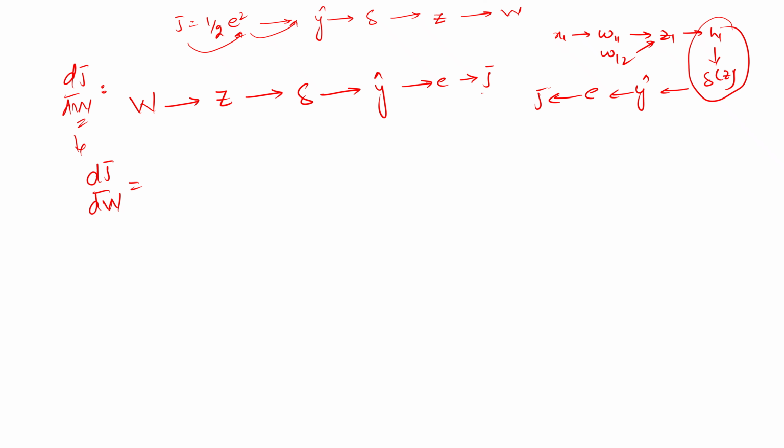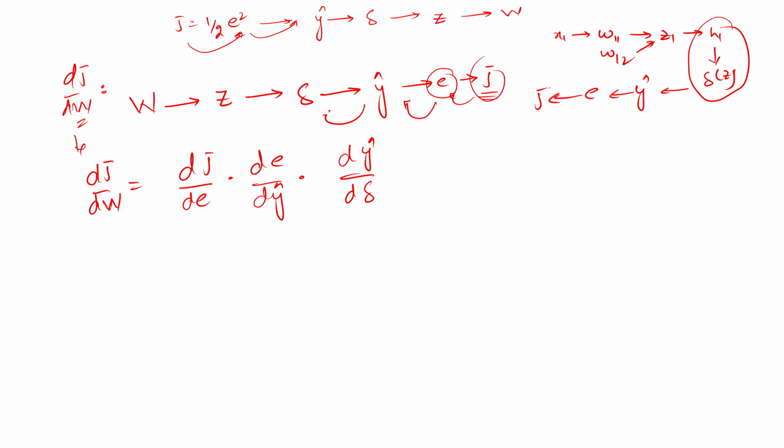Okay, so what does the chain rule say? We can write the derivative of J with respect to e, multiplied by the derivative of e with respect to y hat, the derivative of y hat with respect to the activation, the derivative of the activation with respect to z, and the derivative of z with respect to the weights.